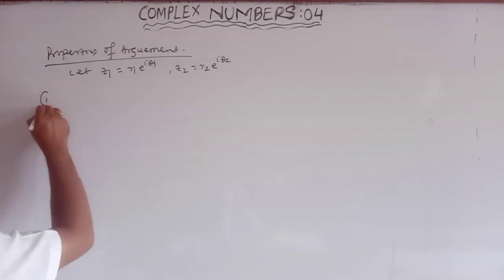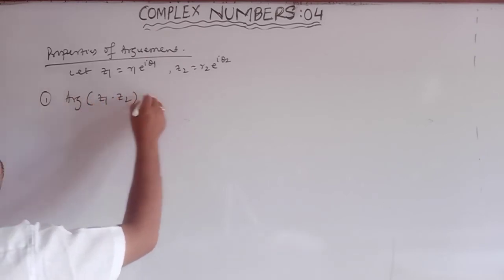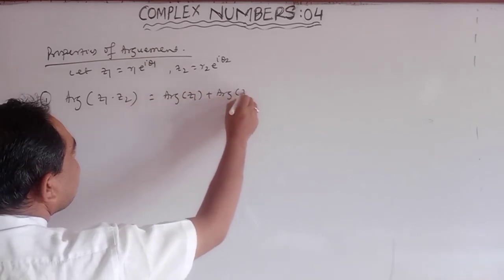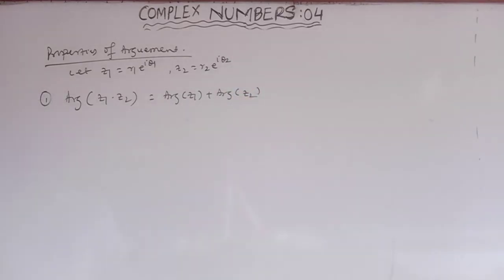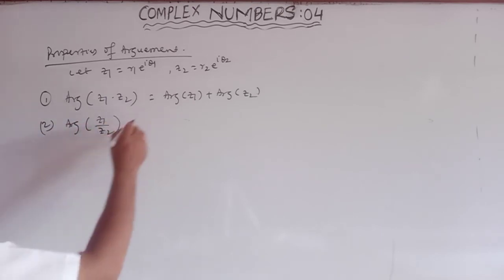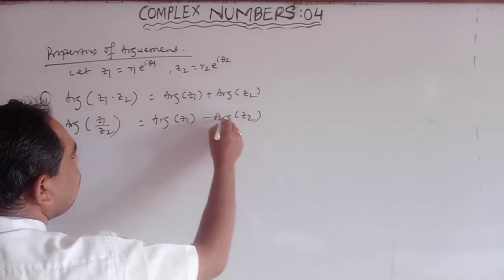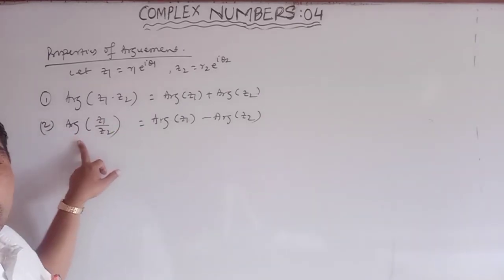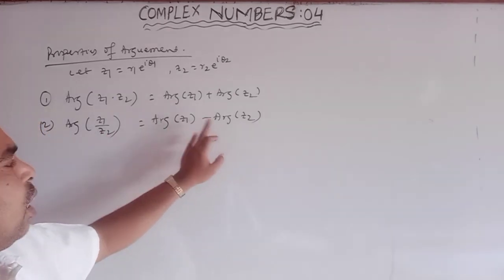First property: arg of z1 into z2 is equal to arg z1 plus arg z2. Next, 2: arg of z1 by z2 is equal to arg z1 minus arg z2, because this is like log of m by n equals log m minus log n, same type.